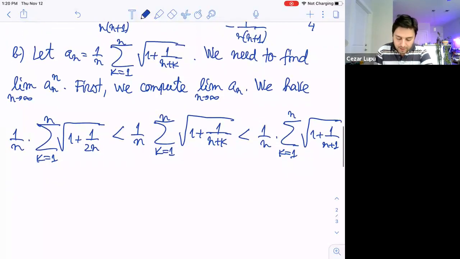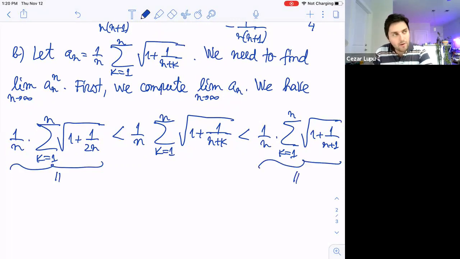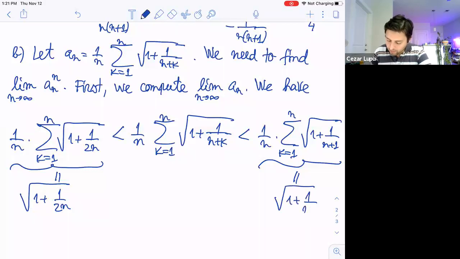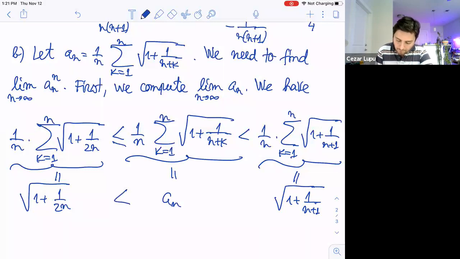This guy here will be the square root of 1 plus 1 over 2n, right? Because I have n of these. And this guy will be the square root of 1 plus 1 over n plus 1. So this guy is an.